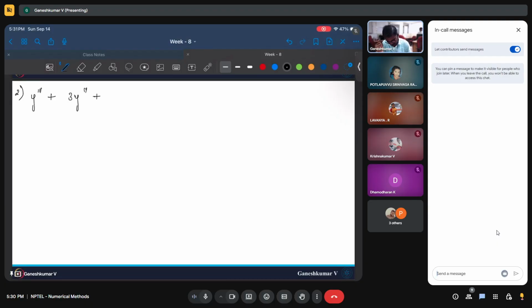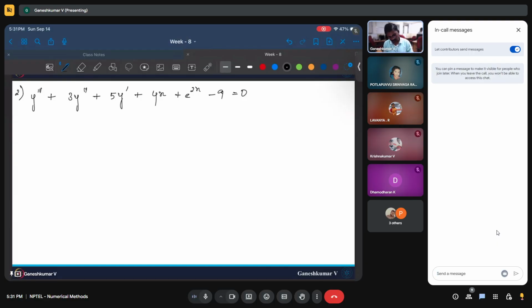I'm just randomly using the numbers here. Let's say this is your differential equation.